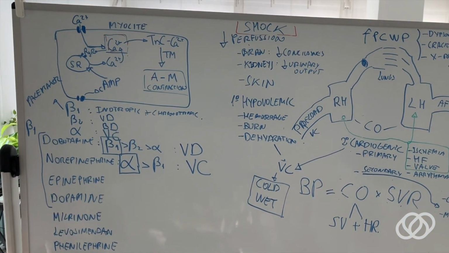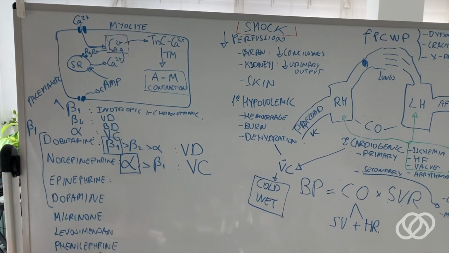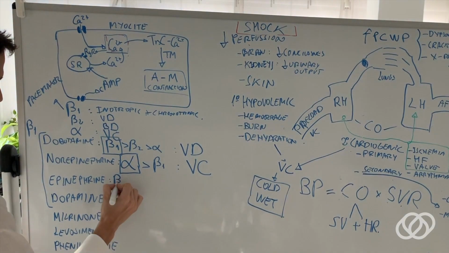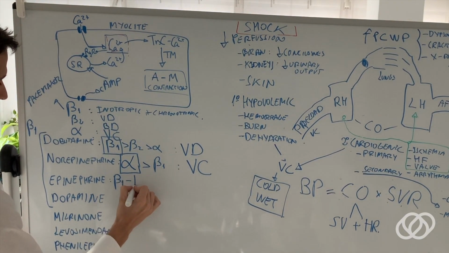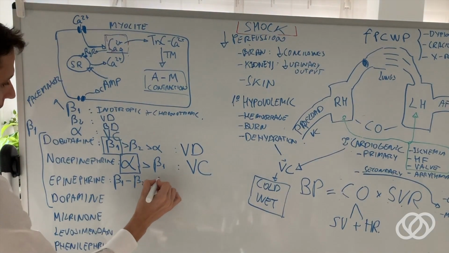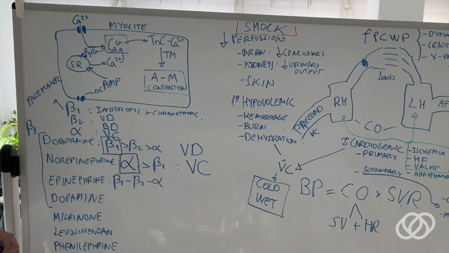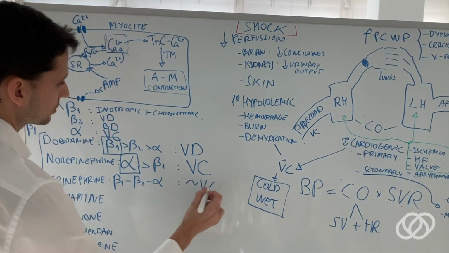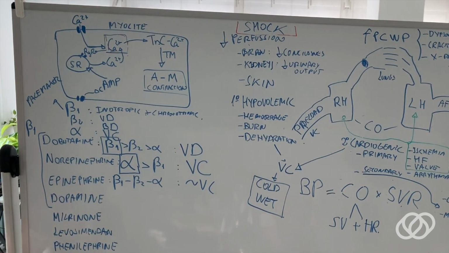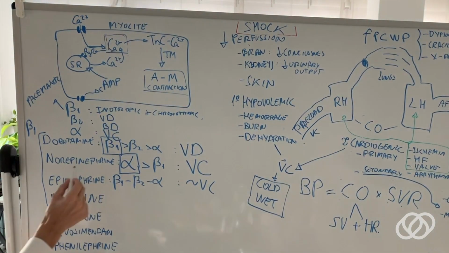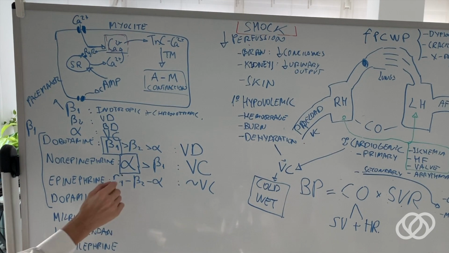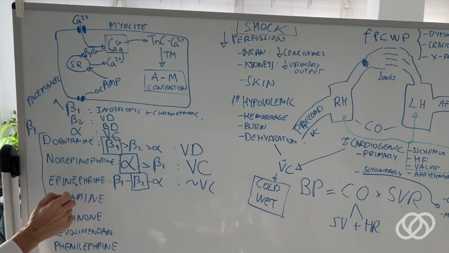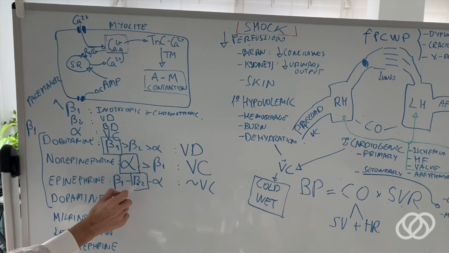Then here comes epinephrine. When we think about epinephrine, we must say that it acts on beta-1, on beta-2, and on the alpha ones. So it produces mild vasoconstriction, not as strong as norepinephrine, but when we give epinephrine, we mainly give it because of the beta-2 receptors.